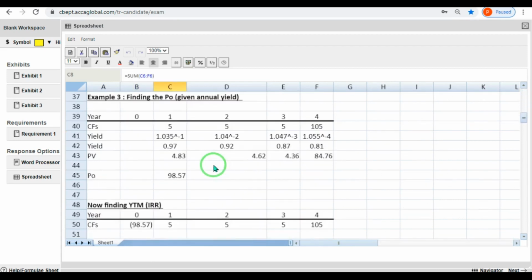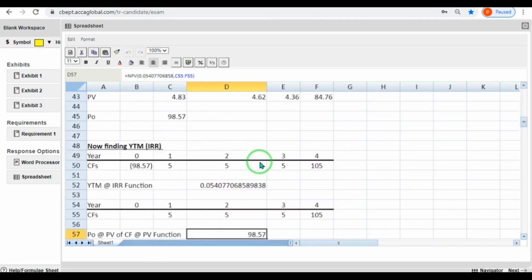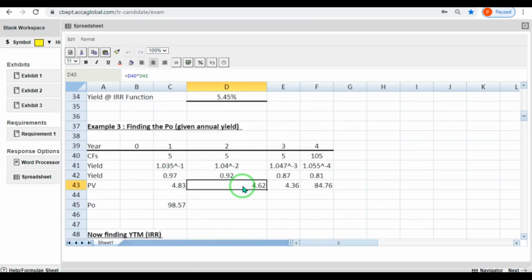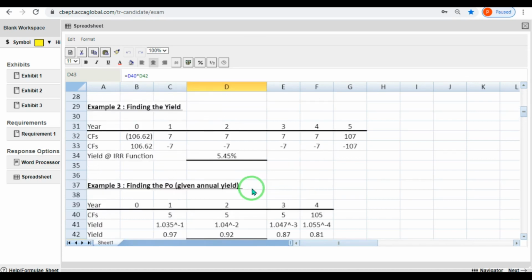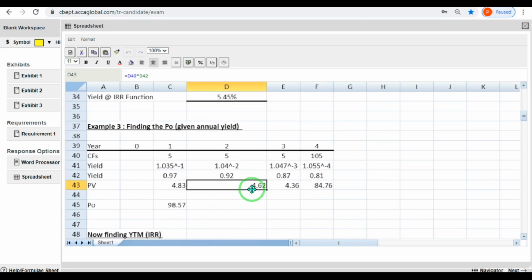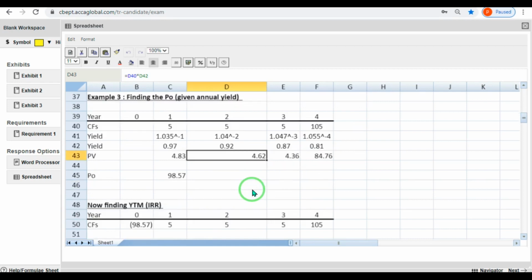Example 3 says, if I have annual yields like this, then I can find that price annually. So the concept is the same. It's up to you in the exam. Just take note whether it is example 1 or example number 3. More likely it's going to be example 3 in your exam. Just to point out, you can also use example 1 if you know the yield to maturity and do the calculation fast. Is that okay?